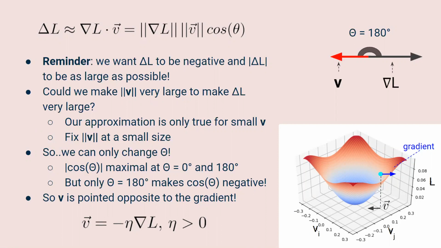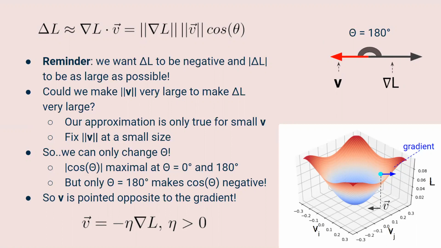If we have cosine of 180 degrees, then something like here in the upper right corner happens. We have 180 degrees between our gradient of L and the vector in which we're taking our direction. What this means is that V is actually in the opposite direction of our gradient, which is exactly what we explained in our first part.